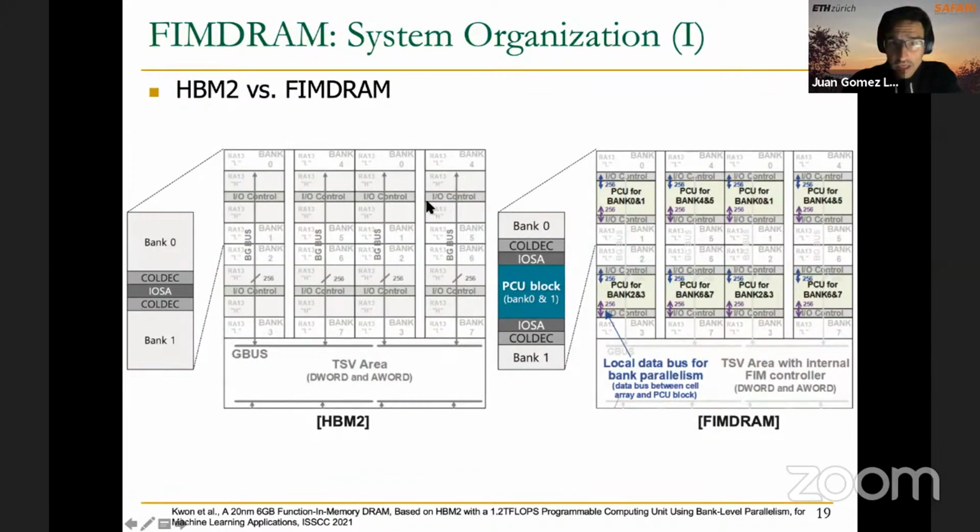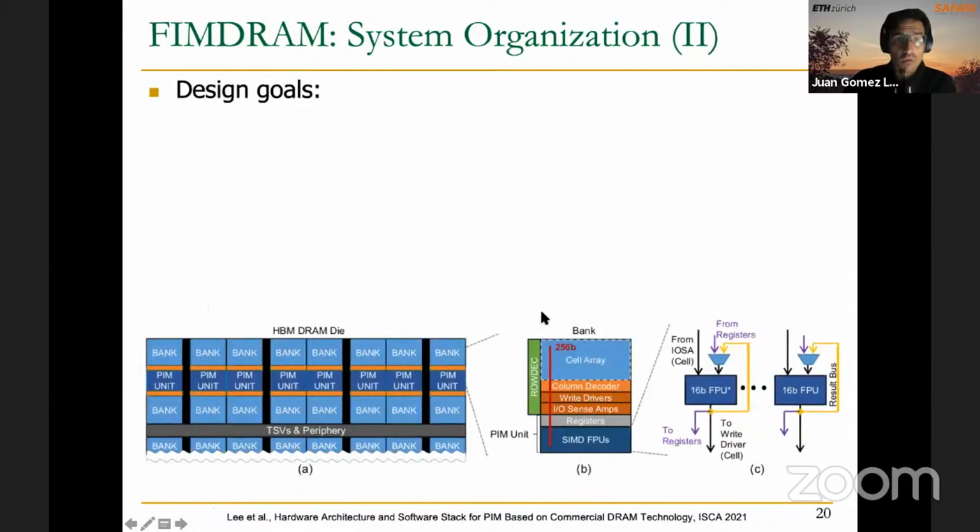The only difference is that in this area, where we only find the I/O control in a conventional HBM bank, we see the PCU for bank 0 and bank 1. As I said, the PCUs are the processing elements, and here you can see it a little bit bigger. We have bank 0, bank 1, column decoders, input-output sense amplifiers, and connected to them, the PCU block for bank 0 and bank 1.